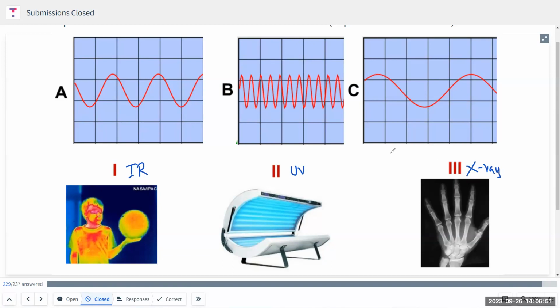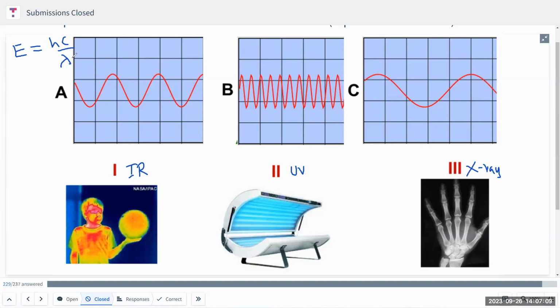How do you know that? We know this equation: the energy of a photon is given by hc over lambda, or wavelength. Energy and wavelength are inversely proportional to each other. The shorter the wavelength, the higher the energy.